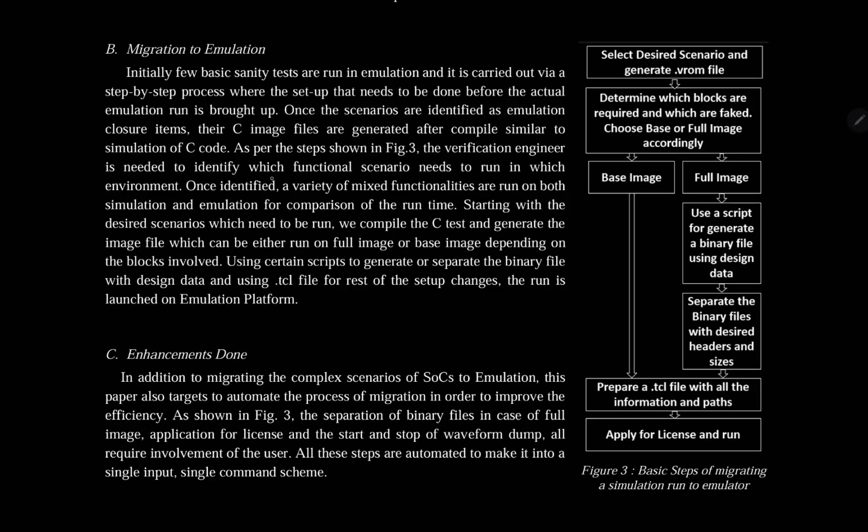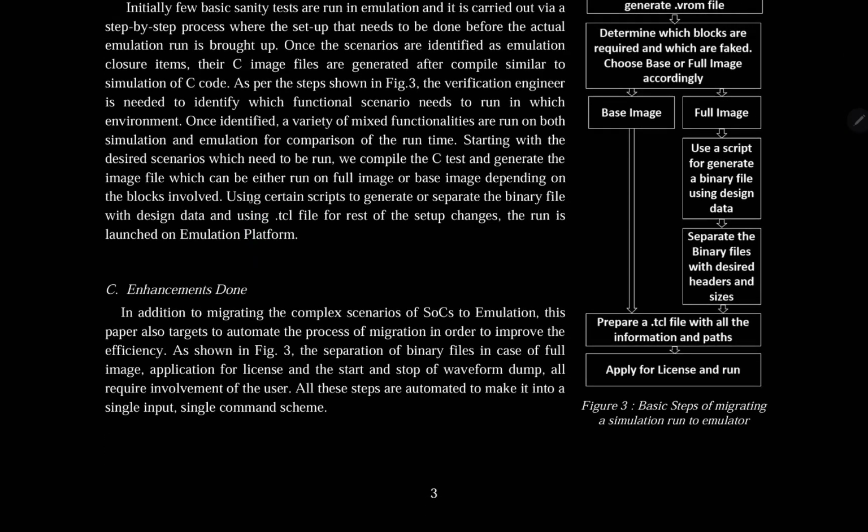Once identified, a variety of mixed functionalities are run on both simulation and emulation for comparison of the runtime. Starting with the desired scenarios which need to be run, we compile the C test and generate an image file which can be run either as a full image or base image depending on the blocks involved, using a certain script to generate or separate the binary file with the design data and using a ticker file for the rest of the setup changes.